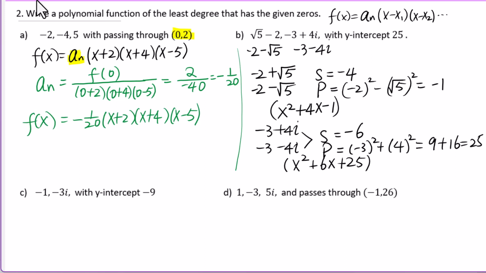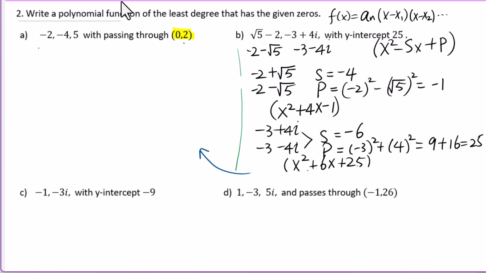Remember the Vieta's form of a quadratic function, x squared minus sx plus p. Then for this polynomial function, we can write down f of x equals a sub n times (x squared plus 4x minus 1) times (x squared plus 6x plus 25).